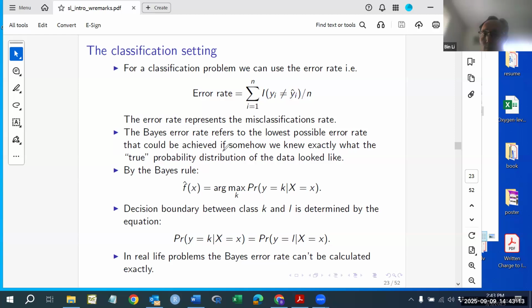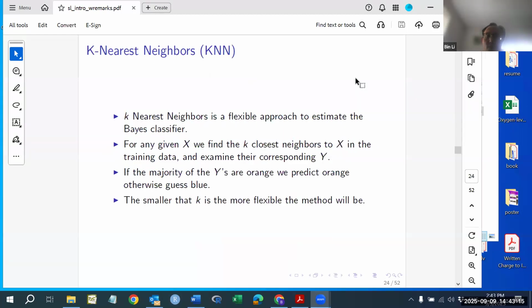So let's see. KNN, K nearest neighbors, is one of the oldest machine learning algorithms and also a commonly used machine learning algorithm to do classification as well as regression. So how does K nearest neighbor work?